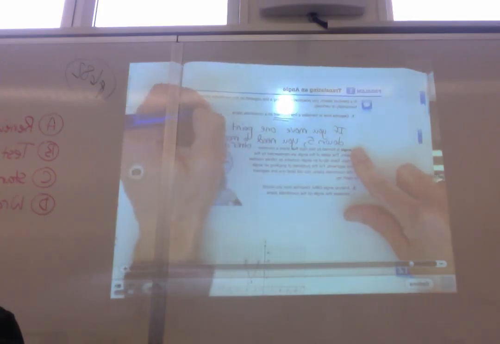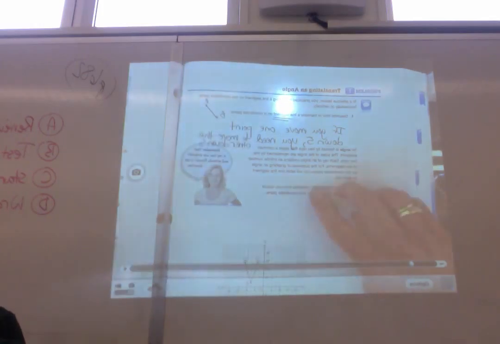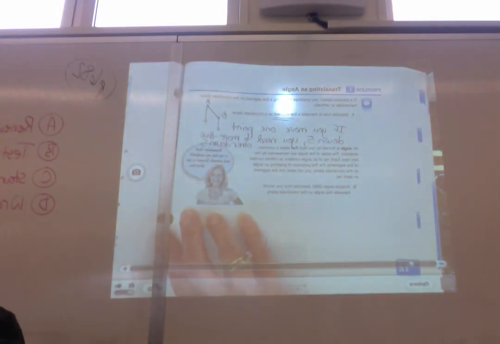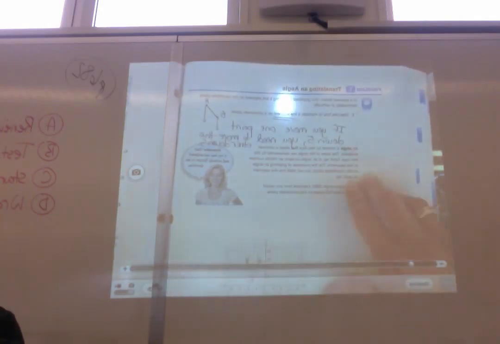So if we had a segment like this, A, B, if I moved A down 5, I need to move B down exactly the same amount. That'll keep it the same size. If I don't move them the same amount, I'm going to end up stretching it one direction or another. Okay? An angle.